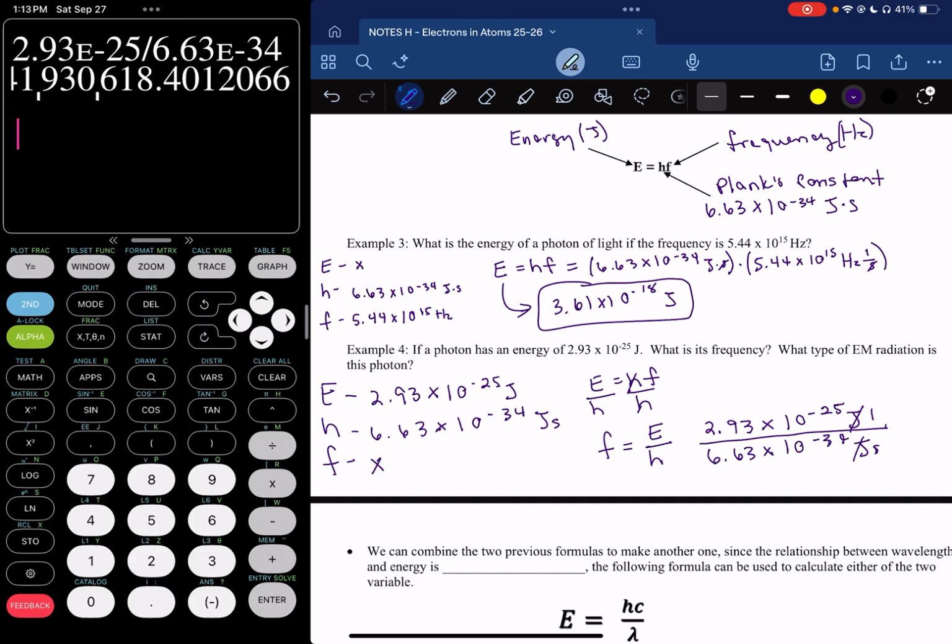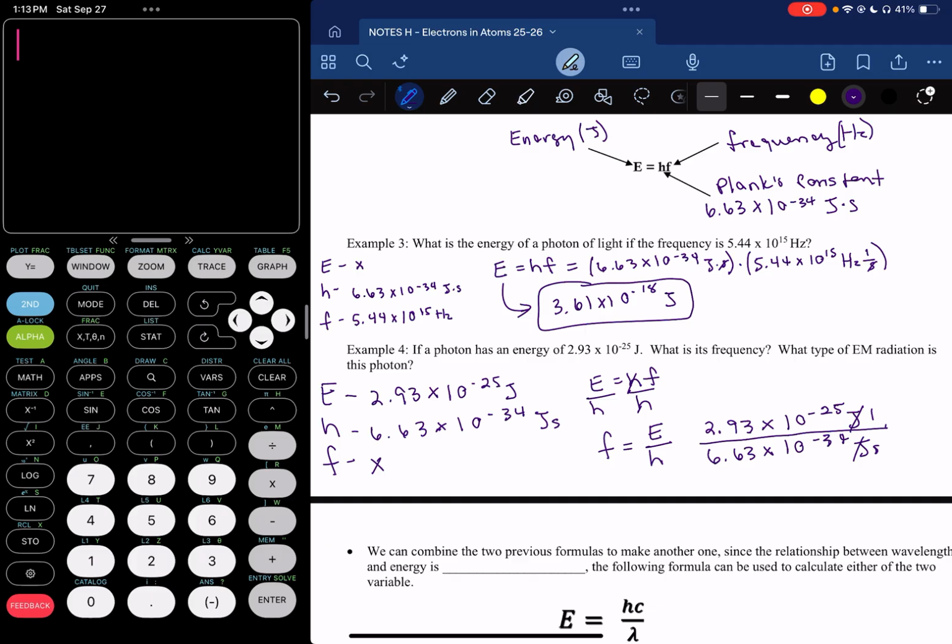And so this is a weird value that I'm getting. Let's put it in again. I don't know why it's giving me a weird value. I must have hit something wrong. Okay, so 2.93 EE to negative 25 divided by 6.63 EE minus 34, enter.